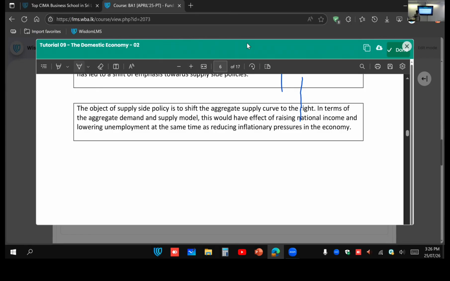Again, moving to the right. By increasing aggregate demand and aggregate supply curve, what would happen to the national income? Increase. So to have economic growth, as we learned under the accelerator and multiplier effect, what should we try? Increasing both of these, moving these curves to the right. That's all you need to understand. Is that clear? Clear enough? Okay.